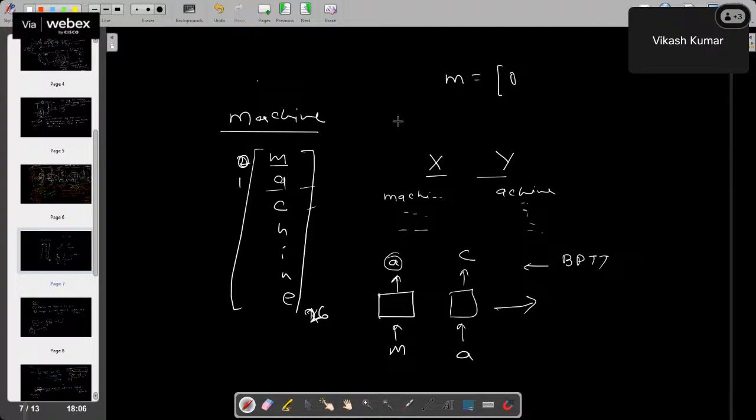Suppose M is at first place, so this will become 1, and all the 25 places will contain the value 0. Okay. Likewise, for A it will be 0 here, and for the others the first place will be 1, and then again 0 0 0 0, something like that. So this is the one-hot encoding.